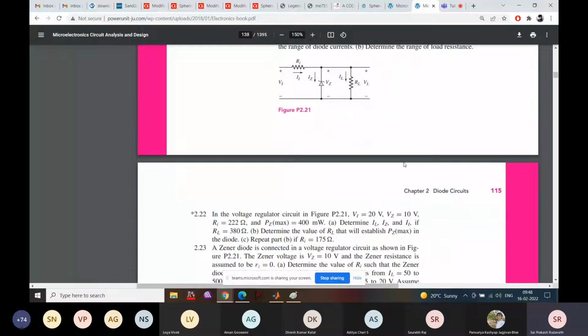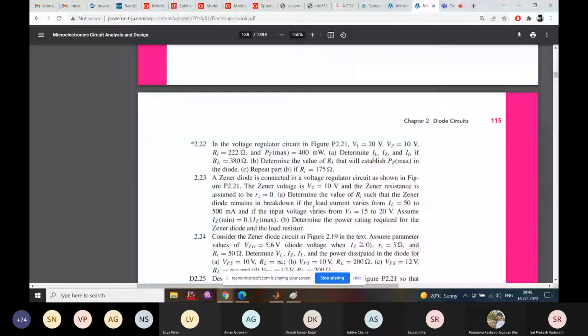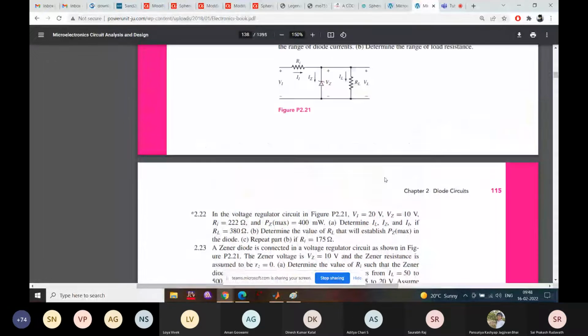You are given two current values for the load, 50 milliamps and 500 milliamps. Which current are you using there? Minimum.